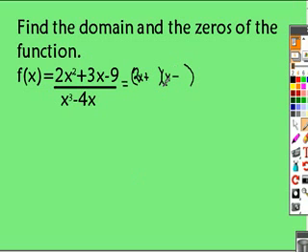I think yes, 3 and 3, see if they work. If you do outer, you get negative 6x. Inner, positive 3x. That gives you negative 3x. We want it to be positive 3x. So we're going to switch where our minus sign is. So this gives you positive 6x minus 3x.